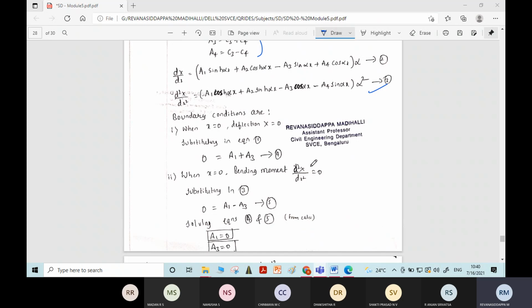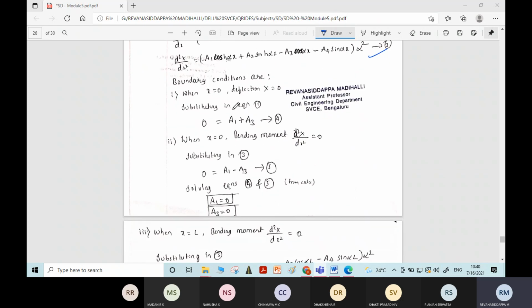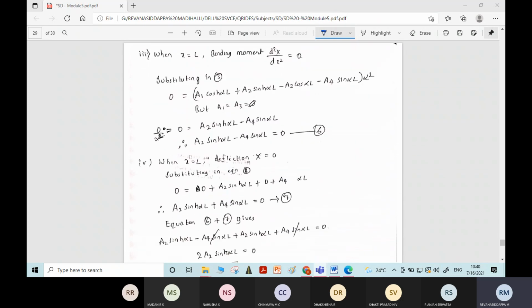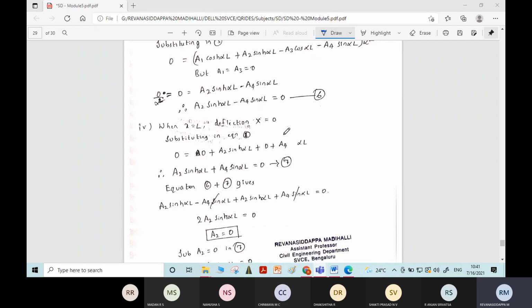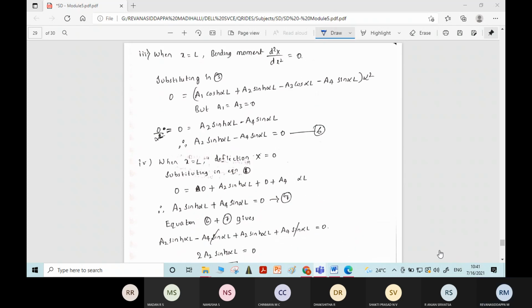Those boundary conditions, here I have taken around 3 to 4 boundary conditions.